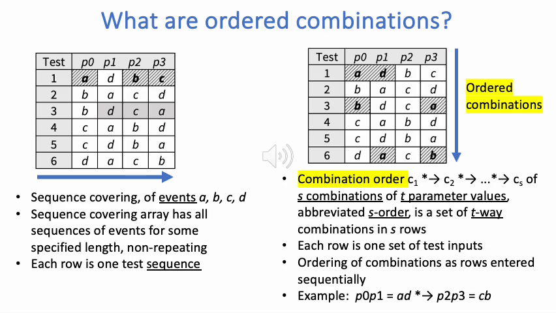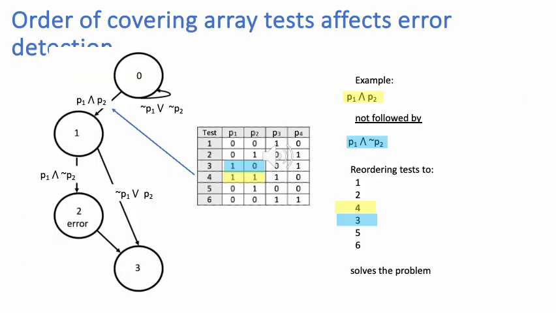But an example would be in test 1, we have P0 and P1 are equal to A and D. And in test 6, we have P2 and P3 are equal to C and B. So P0, P1 equals AD is eventually followed by P2, P3 equals CB.